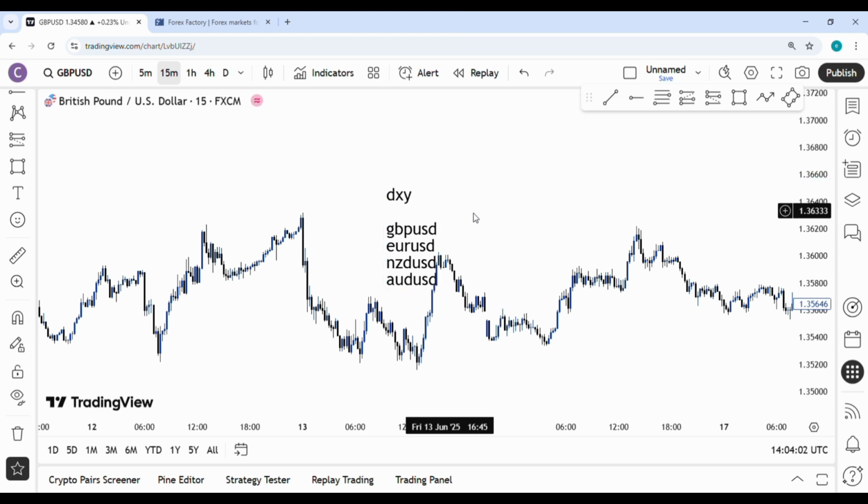DXY is the Oga Pata Pata for them, which means if DXY is bearish, GBPUSD, EURUSD, NZDUSD will be bullish, and if DXY is bullish, all these other cross pairs will be bearish. So DXY is the directional person of the market.